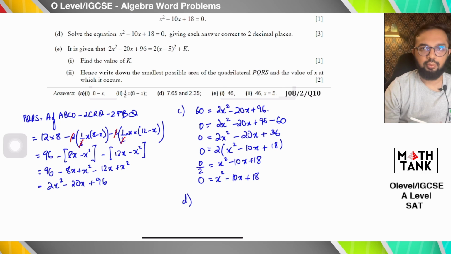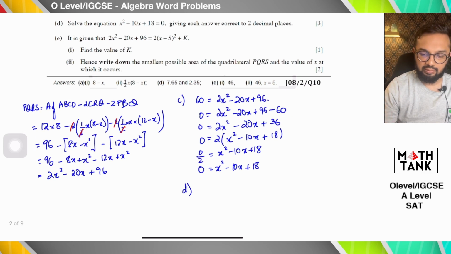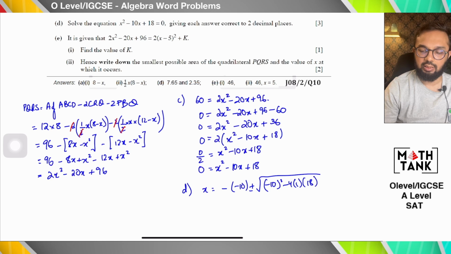Then part D says solve the equation, giving your answer correct to 2 decimal places. I think that's simple. It's just the quadratic formula, so I'm going to say that x equals minus b plus or minus root of b squared minus 4ac over 2a.